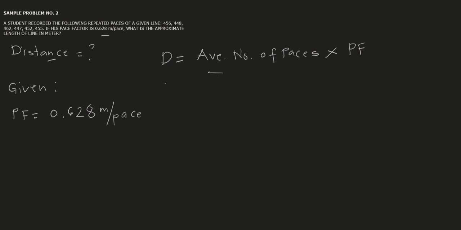So, pwede namang i-direct na natin yung pagkuha ng average number of phases. So, let's say yung n natin dito is ilan ba? 1, 2, 3, 4, 5, 6. So, 6.